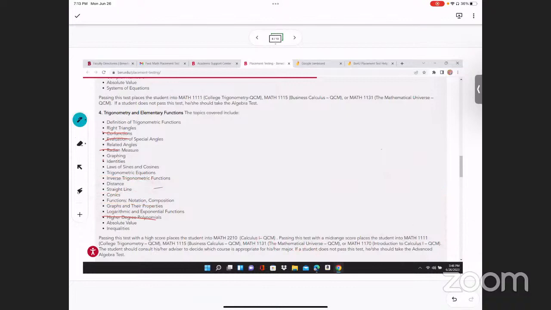So for this problem, higher degree polynomials, they might give you an equation like 0 equals 3x cubed plus 4x squared minus 2x plus 1. And they will say find all solutions. Not all real solutions, all solutions, complex solutions included.